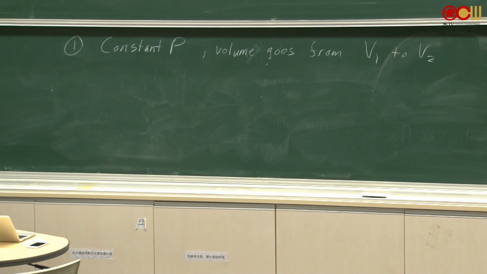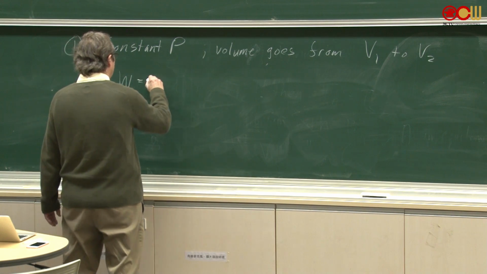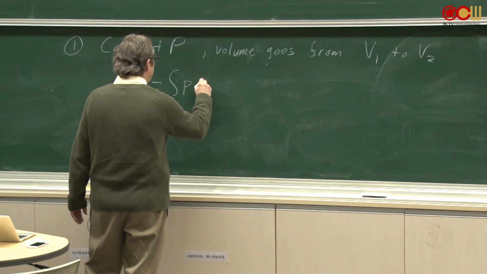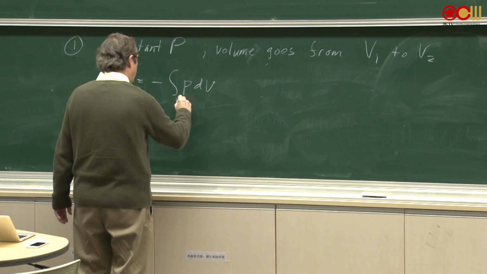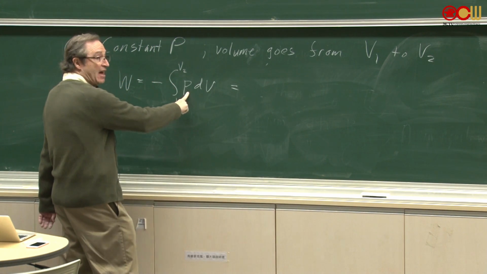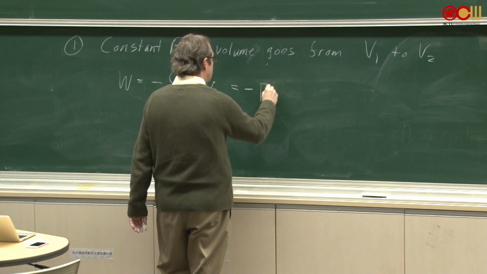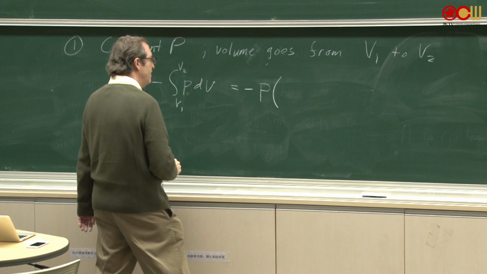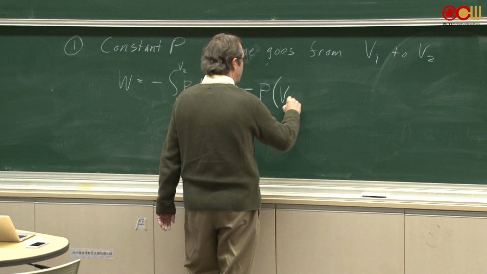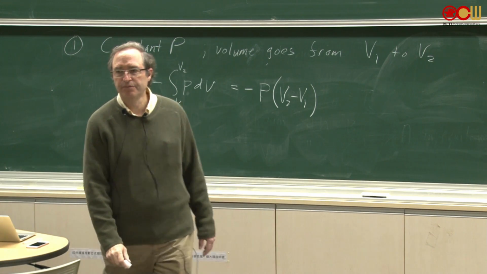So what is W? W equals minus the integral P dV from V1 to V2. But P is constant, so I can take that out of the integral. And I get minus P times V2 minus V1.